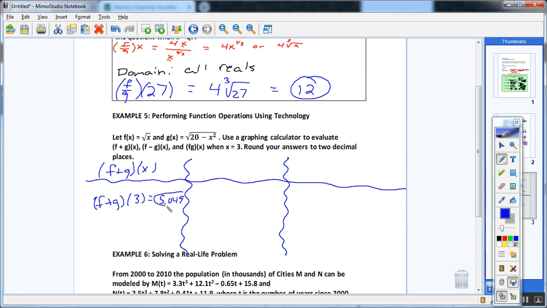Well, 5.049. Okay. I need a volunteer to do f minus g for me. Who would do f minus g? Anybody want to punch that in? I guess I could go in and just change the plus sign to a minus. Is that okay right now, guys? Can we do that together? All right, let me go in here.